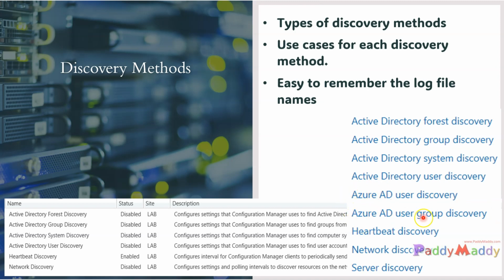We would talk about these two in the advanced topics when we move to the cloud management gateway. Here I can say that Azure Active Directory User Discovery is going to discover all the user groups, but from the Azure Active Directory point of view. That's how it is used.